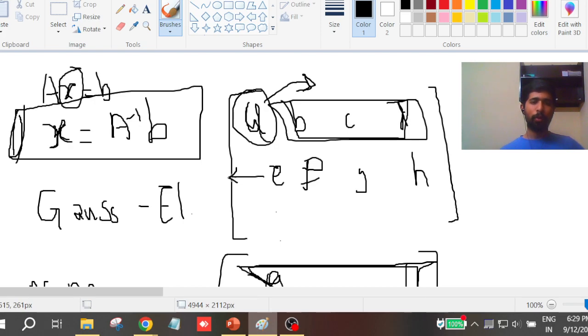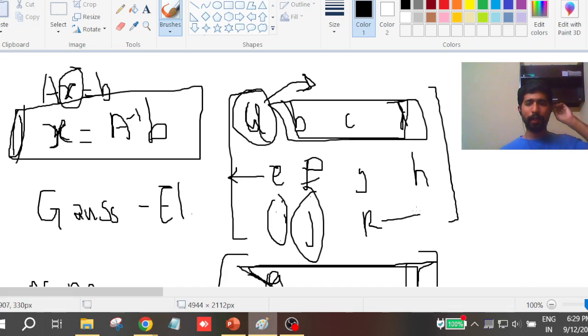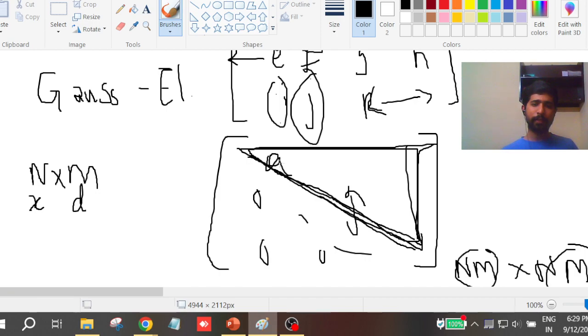Then we go to the third row, and we try to make these two elements 0, so that we only get whatever is on the right side of this diagonal element. Those operations we keep on doing until we get such a format.